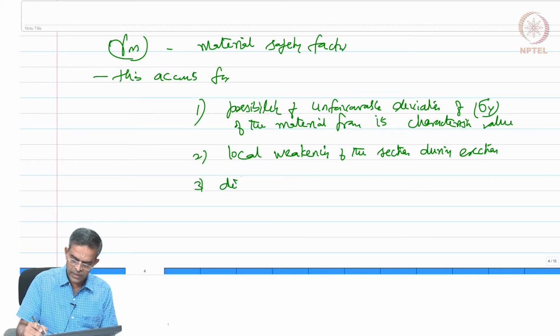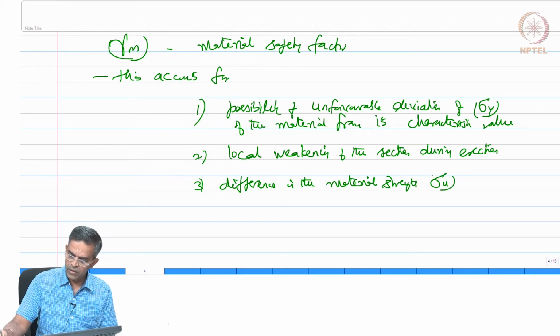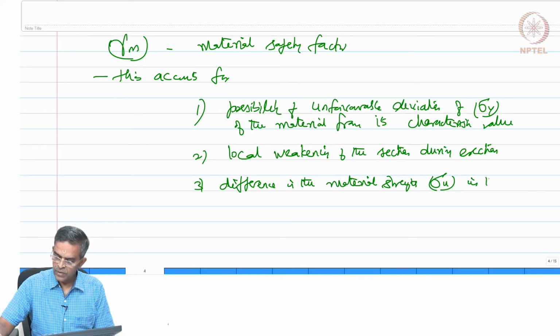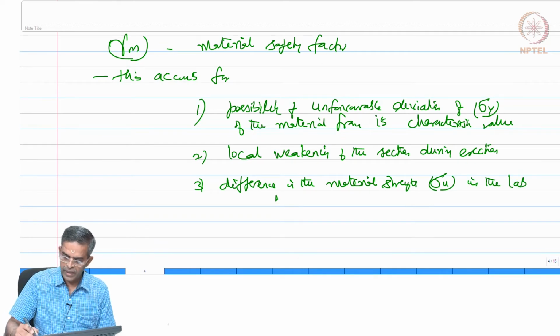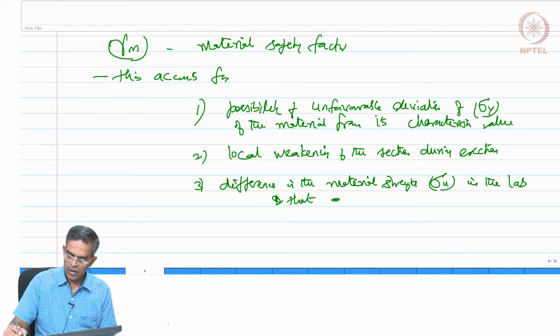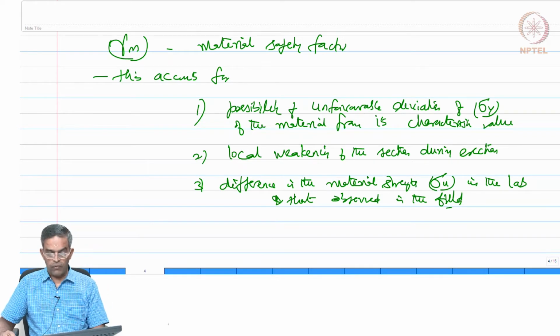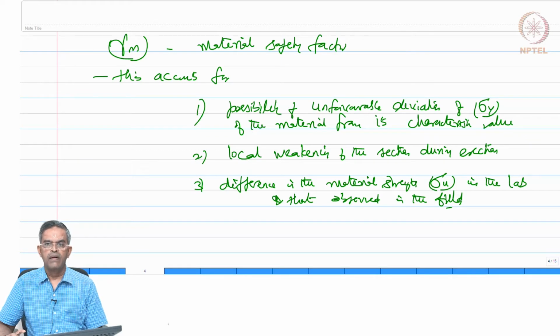There can be difference in the material strength, for example sigma u in the lab and that observed in the field. So in the field also you conduct experiments, you find out ultimate strength and Young's modulus in the field, and compare those data directly with the manufacturer's supplier's data.